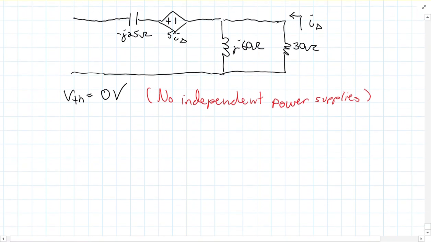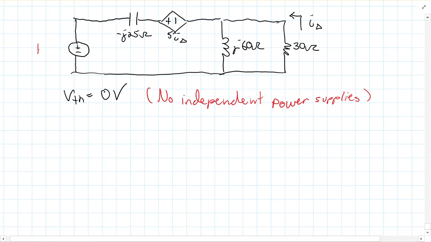Now, remember though, to find Z Thevenin when we had dependent sources, you could find I short circuit and V open circuit. That's not going to work here because we don't have any independent power supplies. But if you remember, you could apply a test voltage. So I'm just going to apply the easiest test voltage I know.